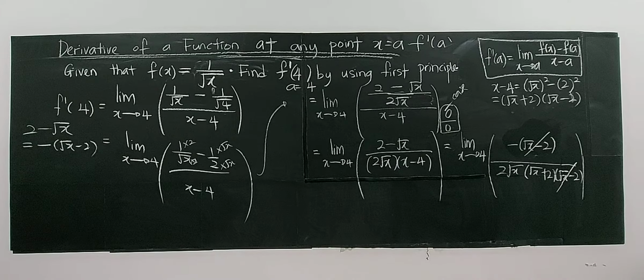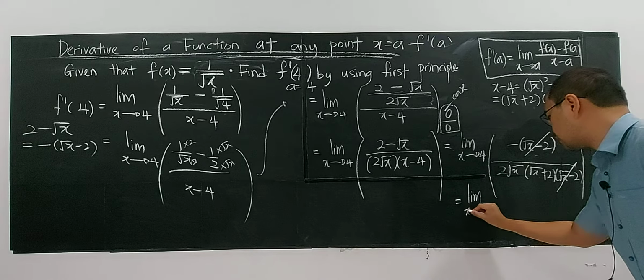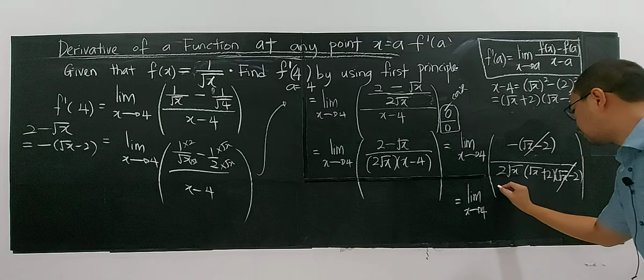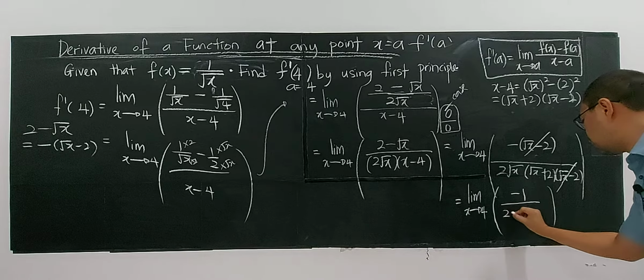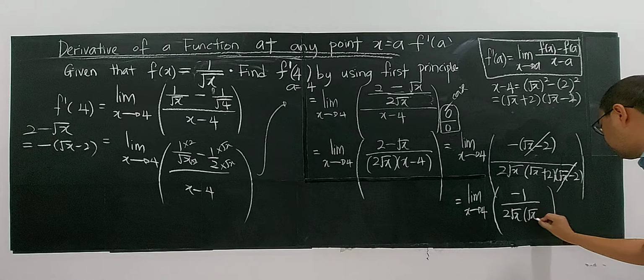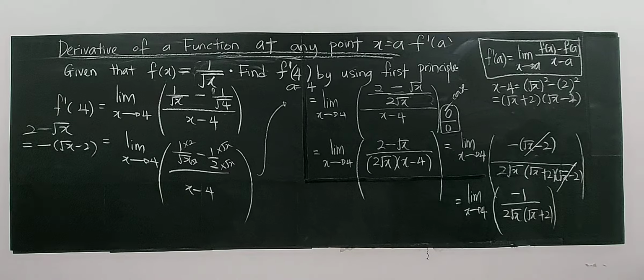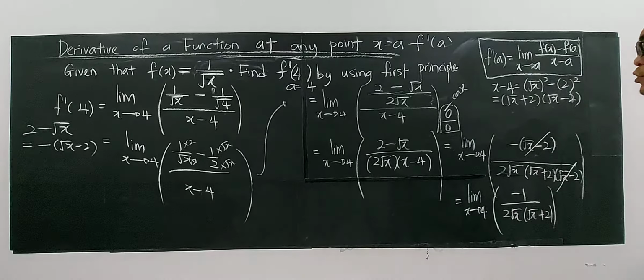Then only I start to evaluate. So I will have the limit as x approaches 4 of negative 1 on top over 2 square root of x times square root of x plus 2. Now you can directly substitute the 4 into the function here.